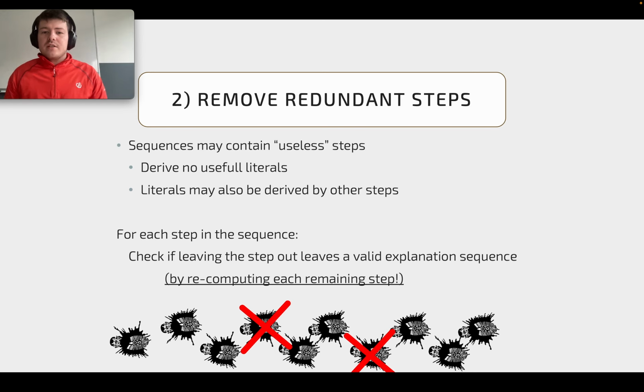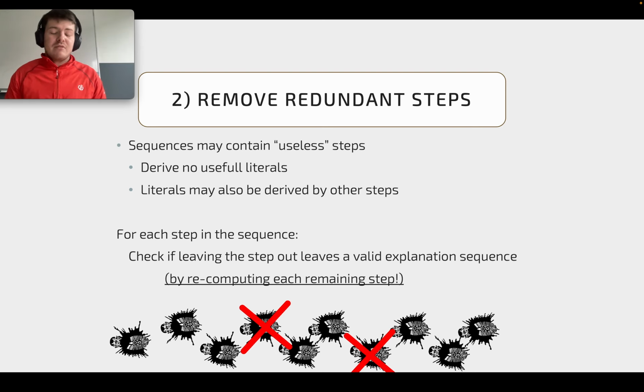So once we have this sequence, it may contain useless steps. It may contain redundant steps. How can we fix this? Well, for each step in a sequence, we check if we take out that step, do we still have a valid explanation sequence?